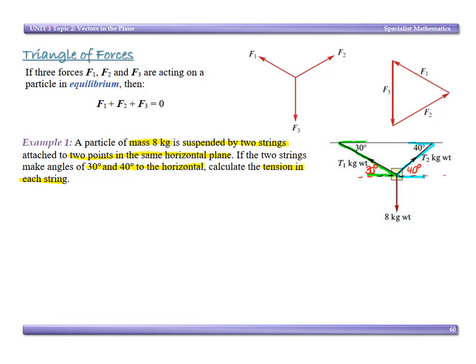So let's draw our 3 vectors so we can work out what's going on. We have our 8 kilogram weight going down.